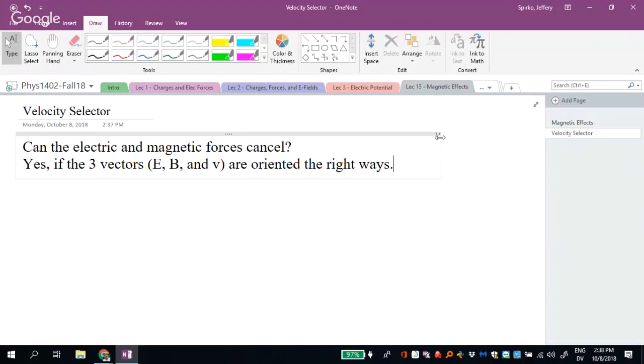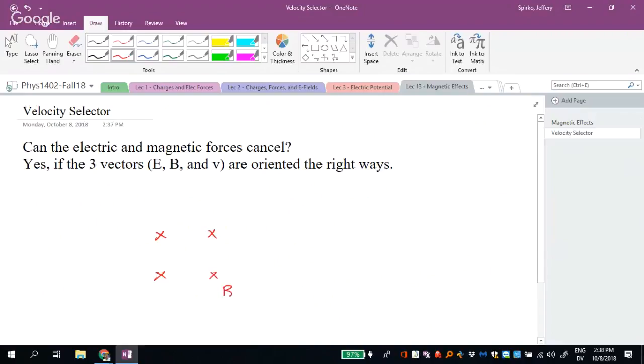So here's the setup. We're going to have a magnetic field pointing into the page.